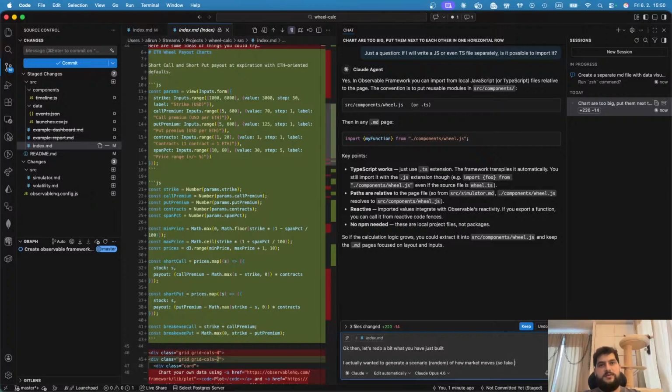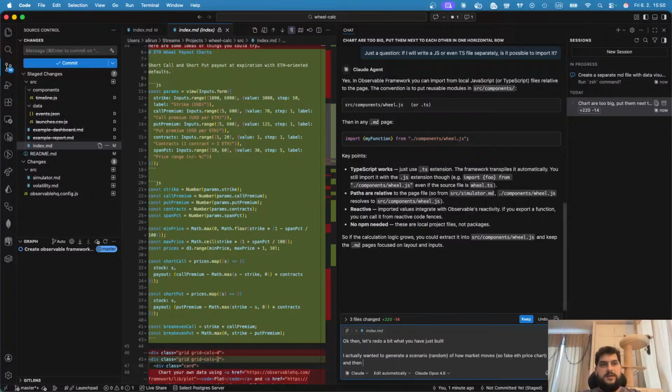So a fake price chart basically, and then simulate the real strategy, or backtest, over that chart.